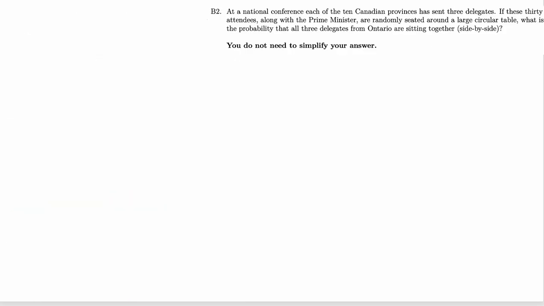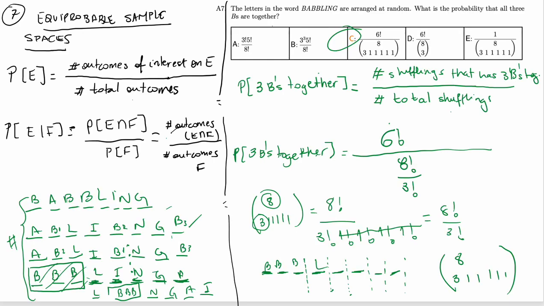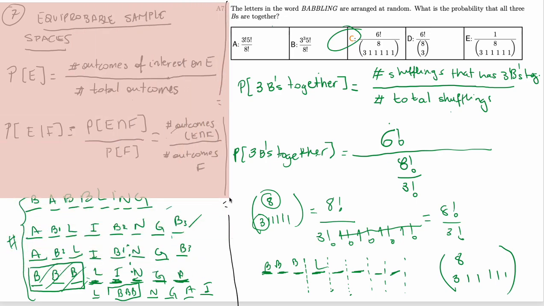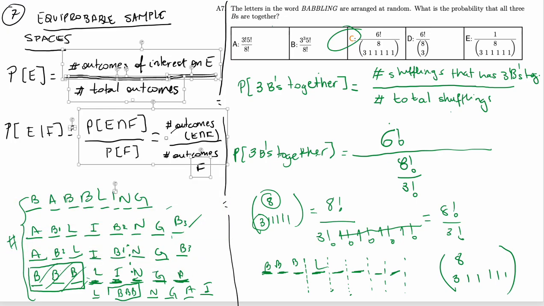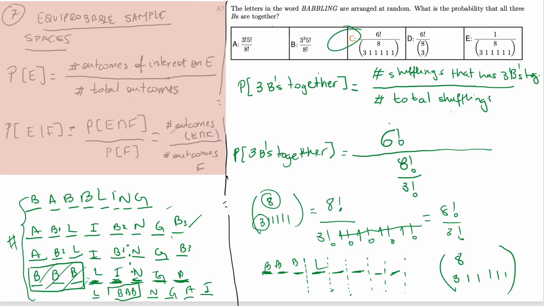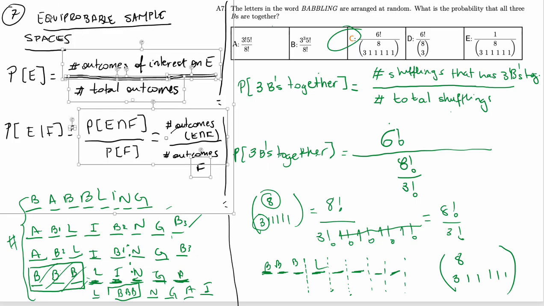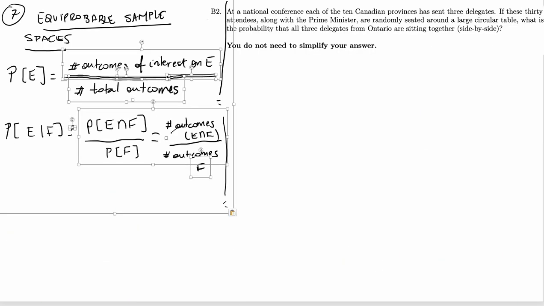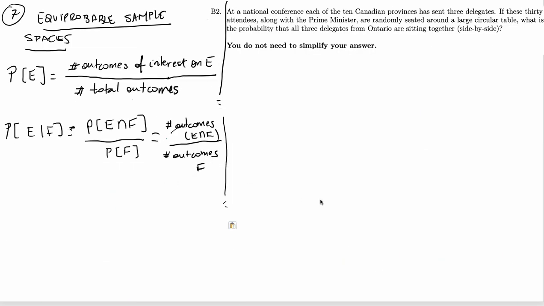So now I have yet another equiprobable sample space exercise for you guys. And again, it's a counting problem. You have to know counting, but about 1/3 of the test is this kind of calculation with countings.